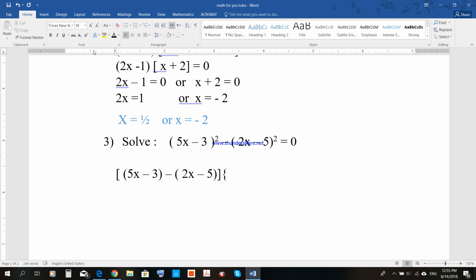We open another bracket. We distribute. Here we distributed 5x minus 3 square into two brackets. In the first bracket we put 5x minus 3 without the square, and in the second bracket we also put 5x minus 3.